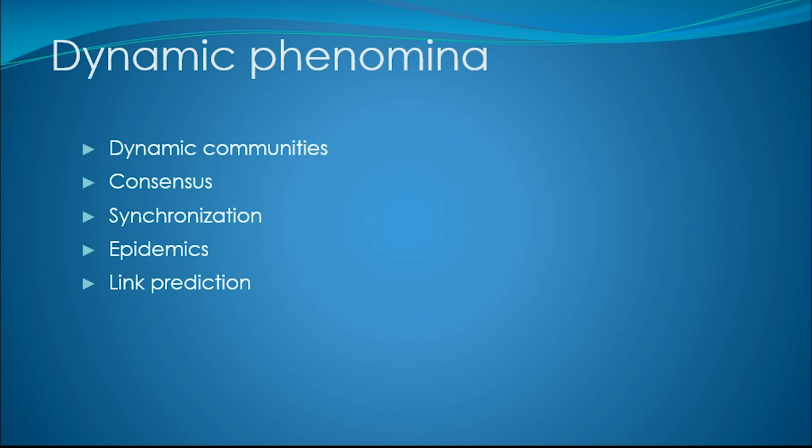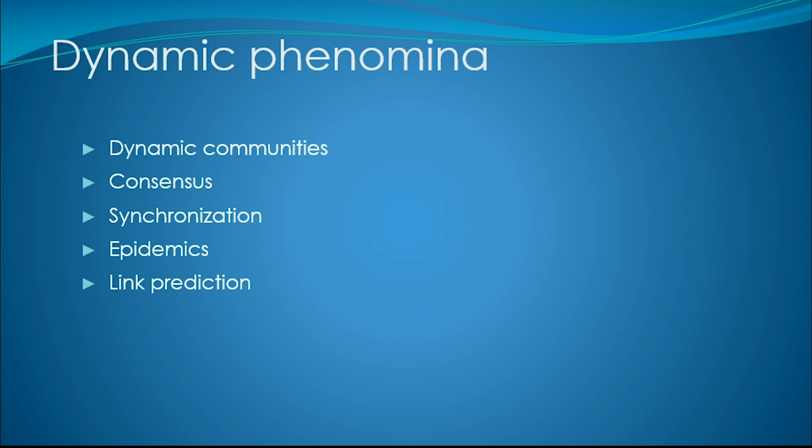Another is synchronization. If you have a flock of birds flying together, they are moving in a perfectly synchronized way. Similarly, in a network, if something occurs in one node, finally it synchronizes.